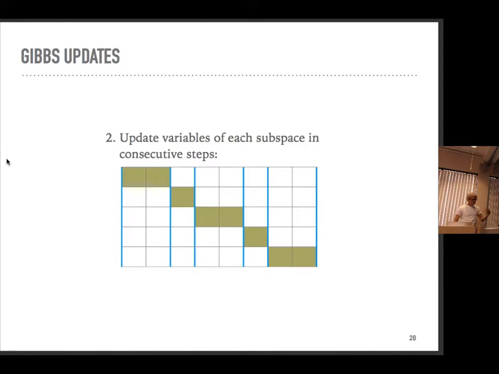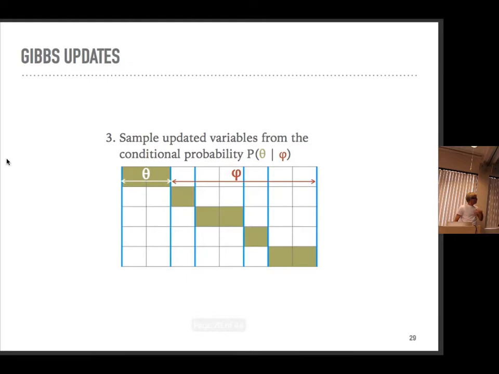Now I've told you which ones are going to change and which ones don't, but I also need to tell you how you are going to make the change. What you do is sample from the conditional probability. You want the conditional probability of these variables in this subspace given the values of all of these. The ones that you're holding fixed, those are what you're conditioning on.